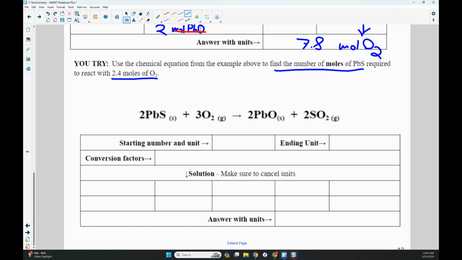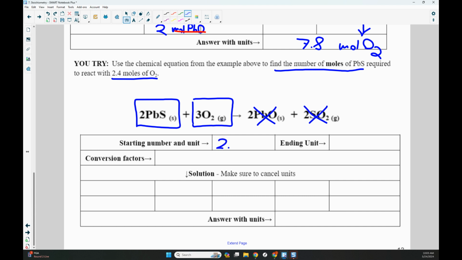So the parts of the equation that we're interested in this time, still oxygen, and we want to know how many moles of PbS are going to react with 2.4 moles of oxygen. So in this case, we're interested in both of the reactants. So for the purposes of this particular question, we can ignore those parts of the equation.